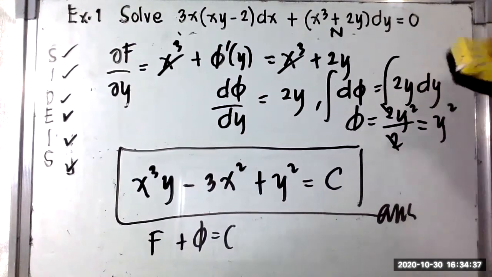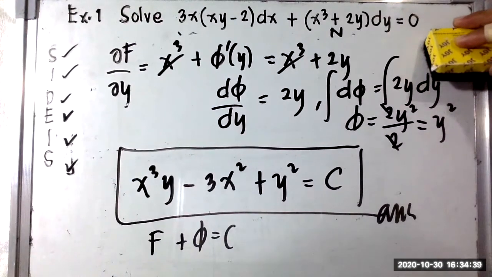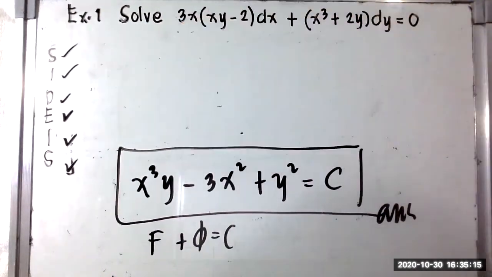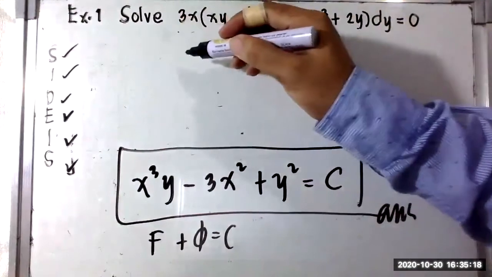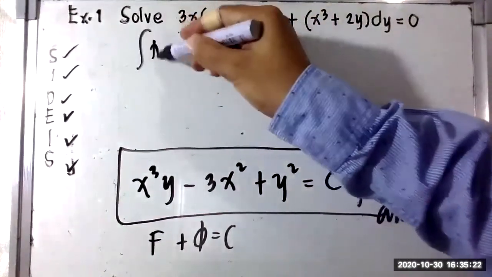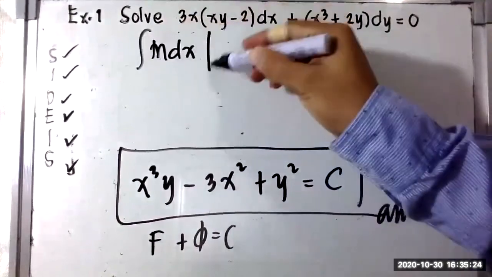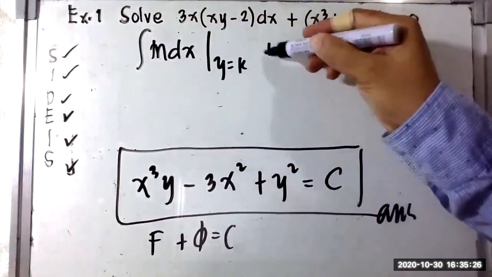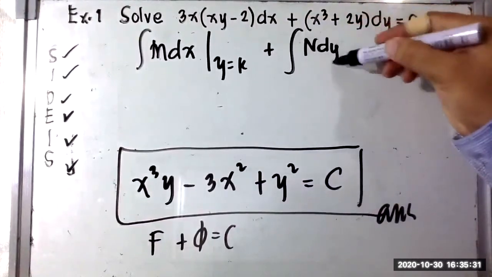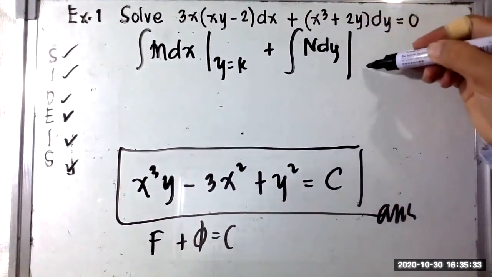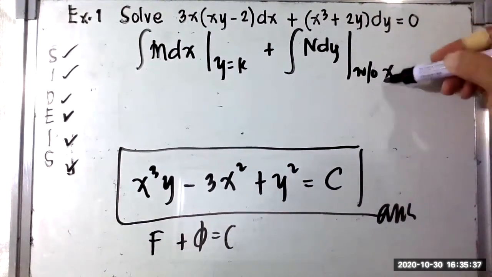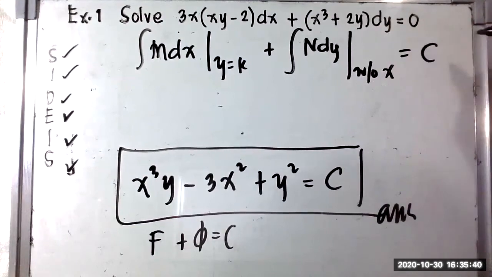Okay, now we are going to solve this DE again using the short method. Using the second method, where you integrate each term, you integrate M dx. Take note that y is held constant. Then you integrate the second term in dy, but in this case, you integrate only those terms without x, and then equate to c.